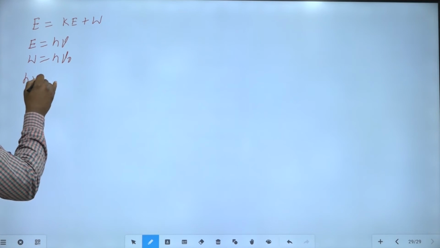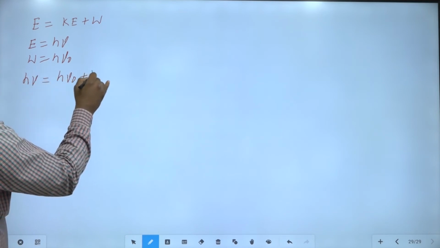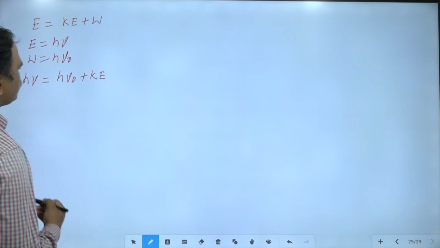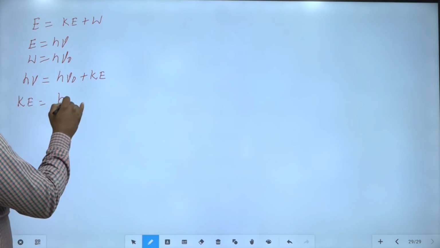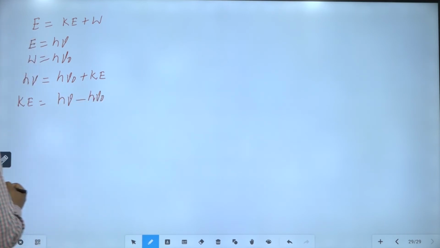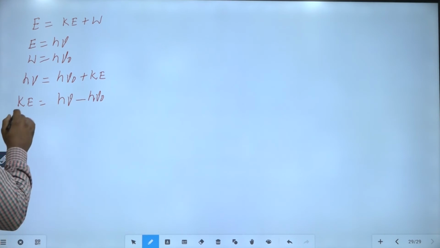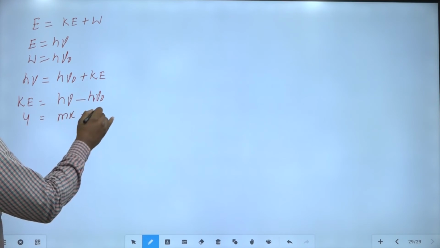Now, h nu is equal to h nu naught plus kinetic energy. Now, kinetic energy is equal to h nu minus h nu naught. Okay, so it is of the form y is equal to mx plus c.